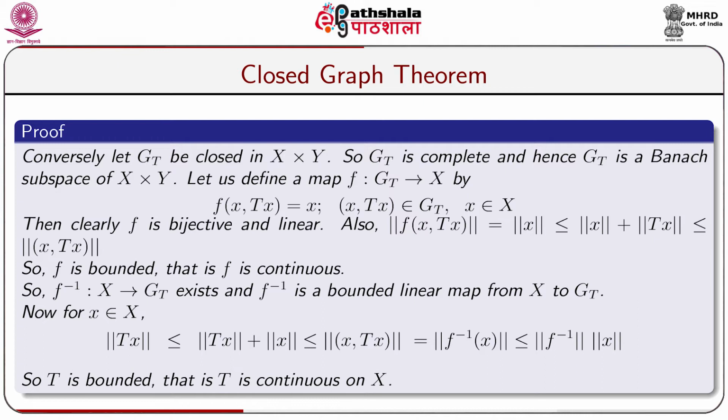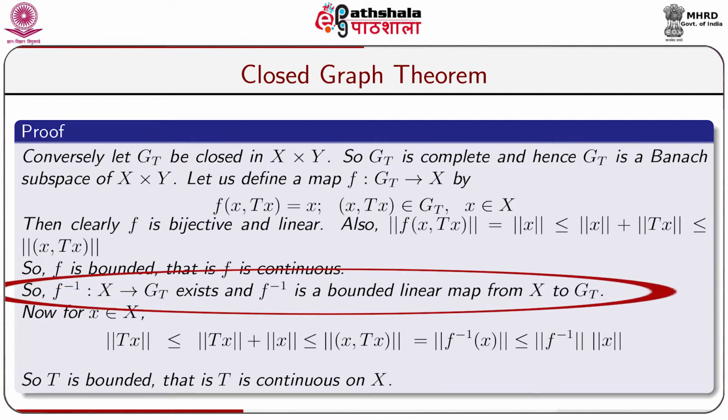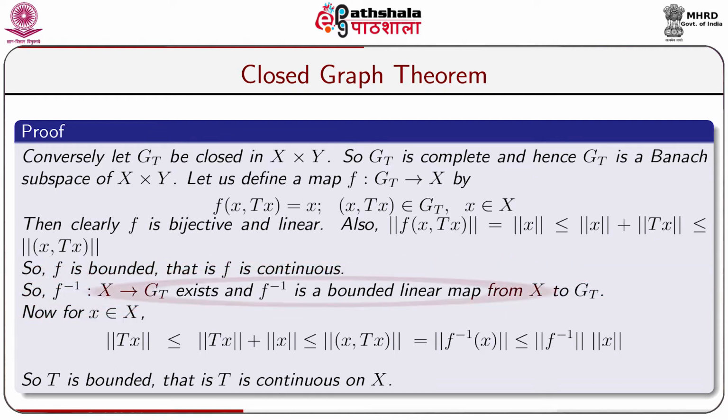So F is bounded, that is F is continuous. We know that if a linear operator is bounded, then it is continuous and vice versa. So F inverse is a mapping from X to GT, and F inverse exists, and F inverse is a bounded linear mapping from X to GT.